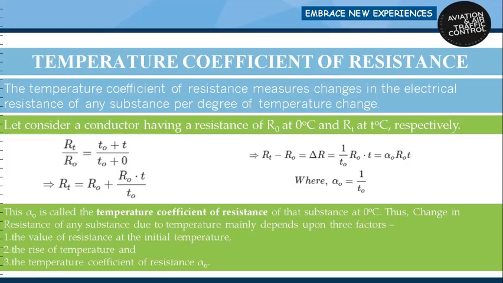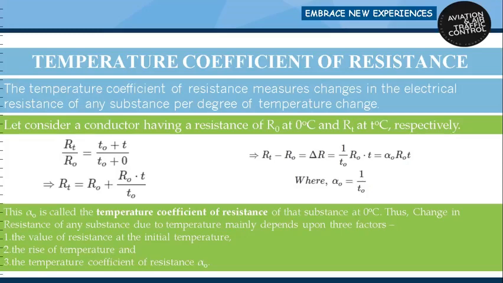It is the temperature coefficient of resistance of that substance at 0 degree Celsius. So del R will become alpha naught R naught T. Thus, the change in resistance, which is del R, of any substance due to temperature mainly depends upon three factors.